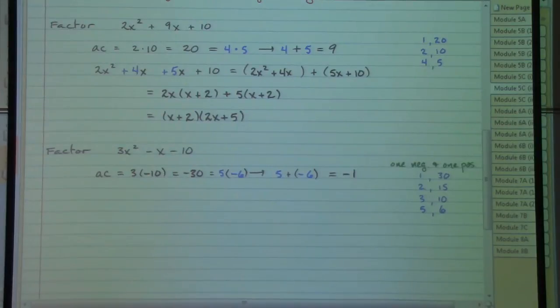Now that we have the correct pair of numbers, we can go ahead and replace the middle term.